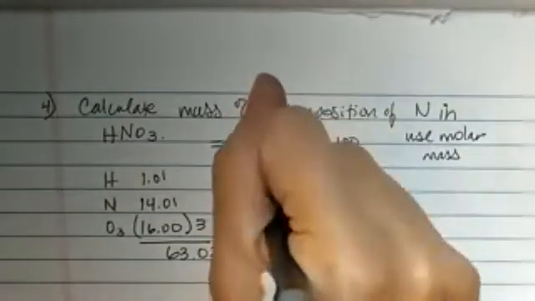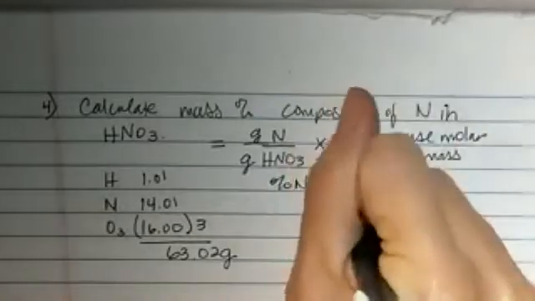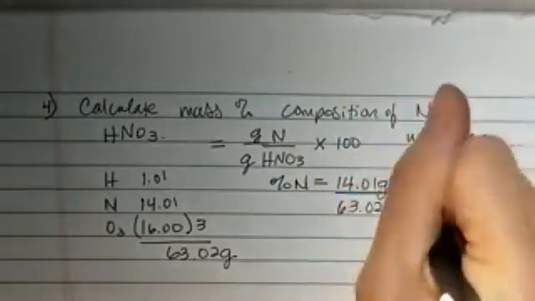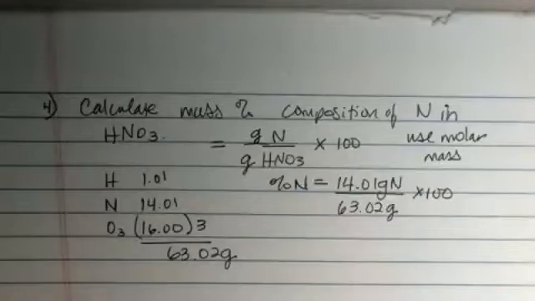So if I want the percentage of nitrogen, I had 14.01 grams of nitrogen in 63.02 grams of the compound. Percentage always means parts per 100, so times 100. Again, there are no measurements to use, so how do you really decide sig figs?